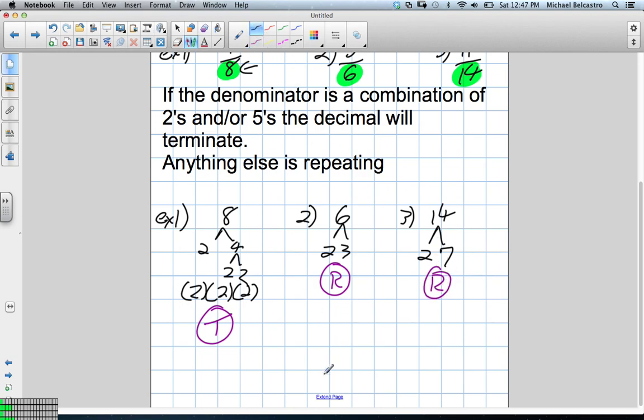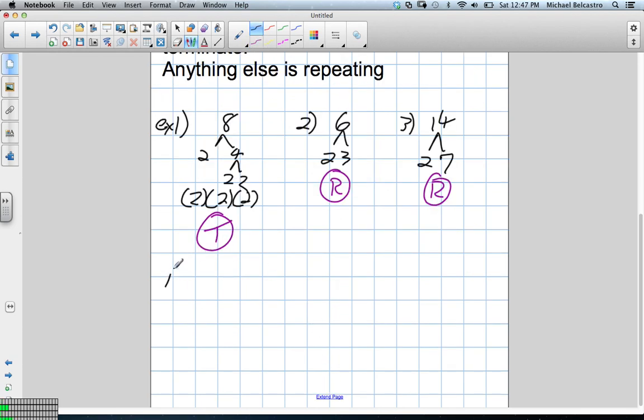Let's take a look at the next few questions they've given us. We'll write them all out here, because we can do this pretty quickly. Number 4 is 7 over 20. I can tell that it's terminating. How do you know?